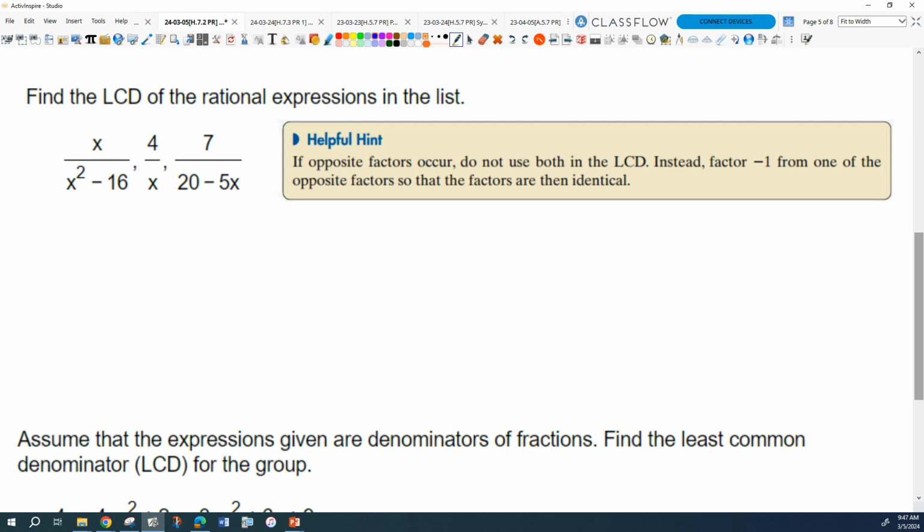Okay. How about those? Let's just make a list of all the factors that show up. What's going to show up in that denominator? x minus 4, x plus 4. Here we've got an x. Here, what are we going to get from this one? Take out a 5.